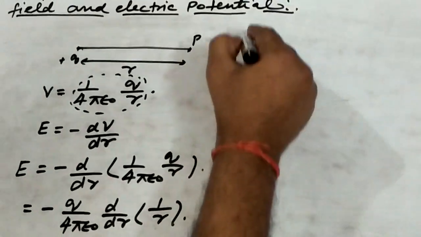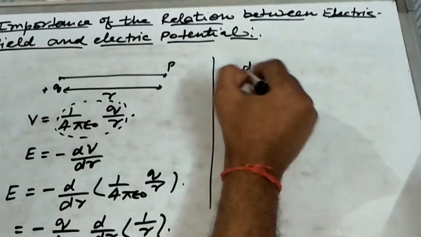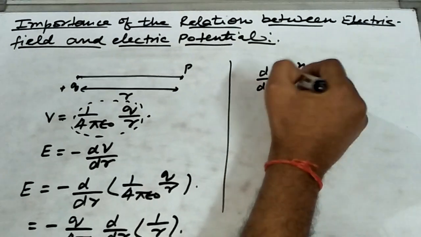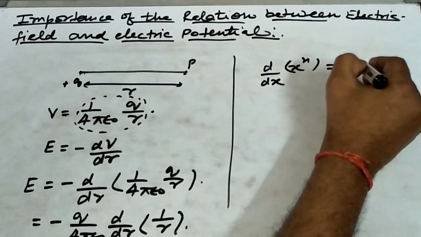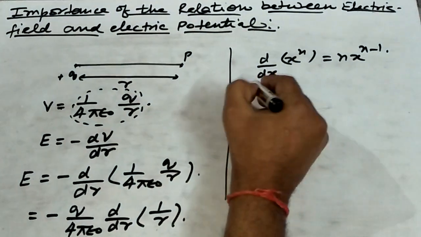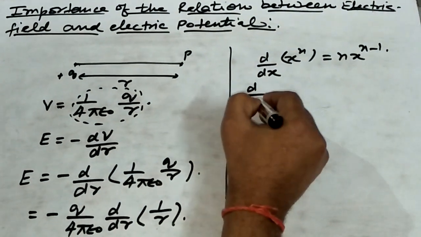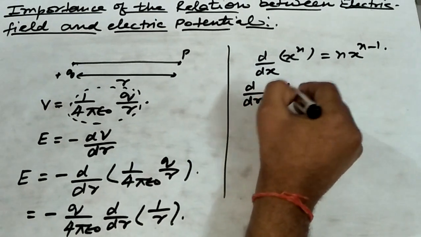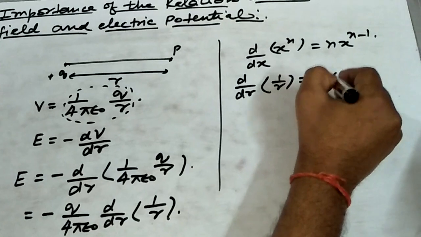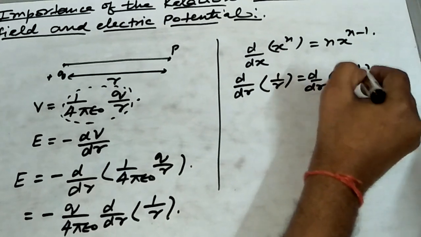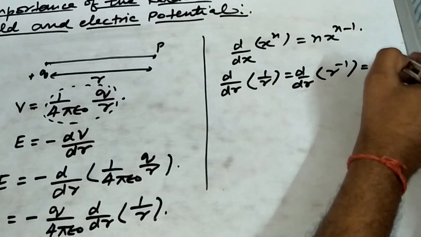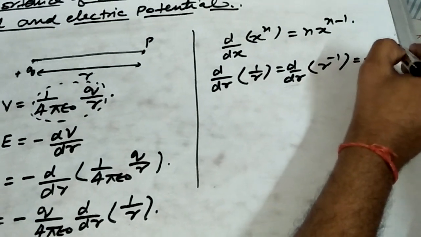And you know the differentiation d dx of x to the power n is equal to n x to the power n minus 1. Similarly, d dr of 1 by r, we can write as d dr of r to the power minus 1, which is equal to minus 1 into r to the power minus 1 minus 1.